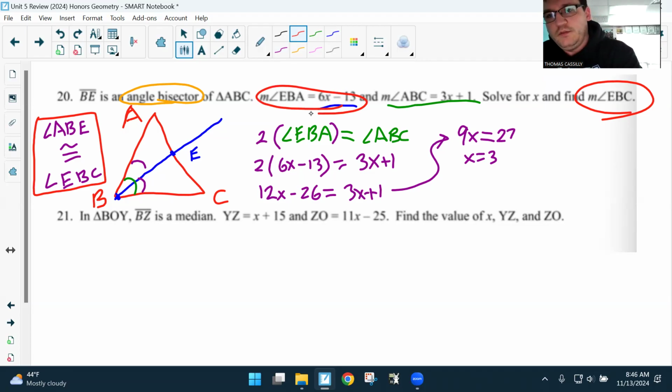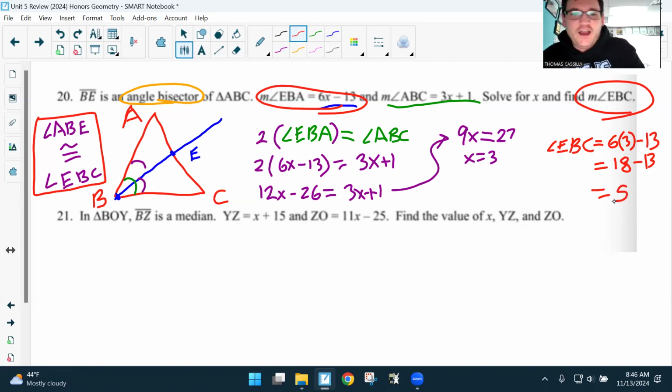Angle EBC is equal to 6 times 3 minus 13. 6 times 3 is 18, so we got 18 minus 13 equals 5. So that is a 5-degree angle. A skinny angle.